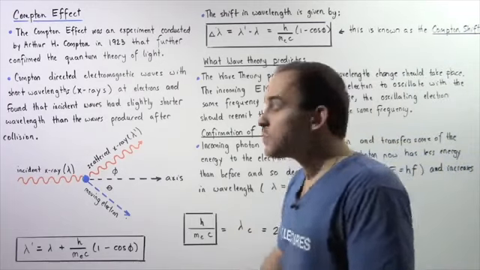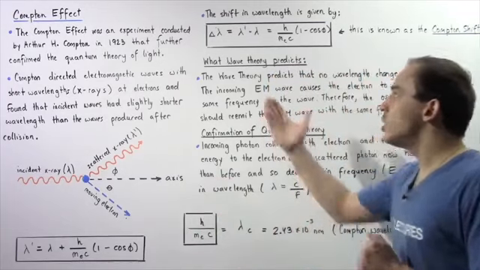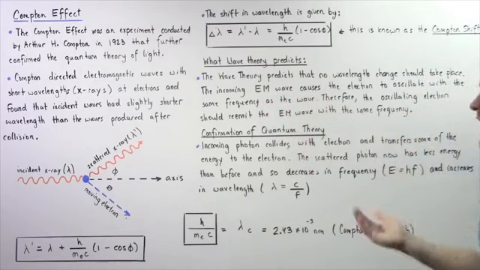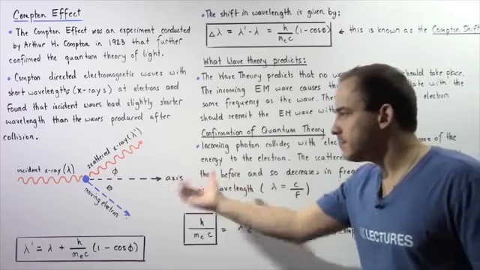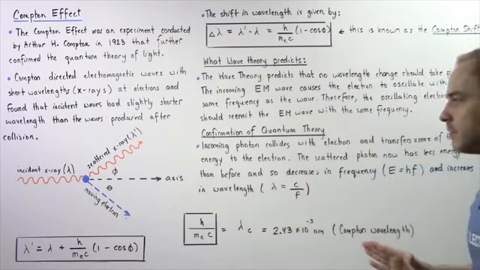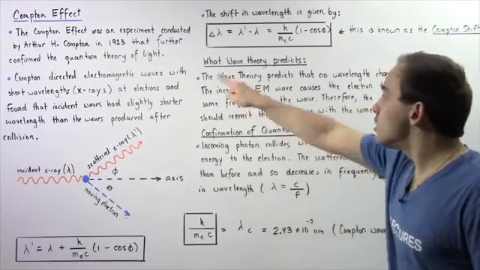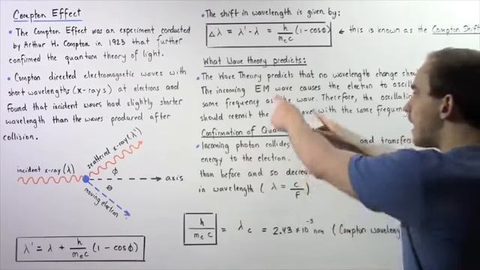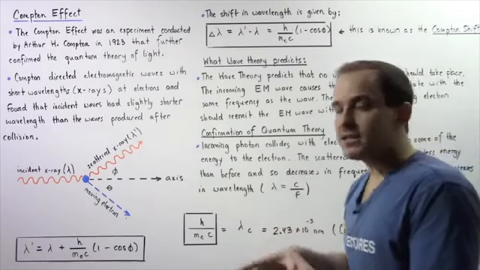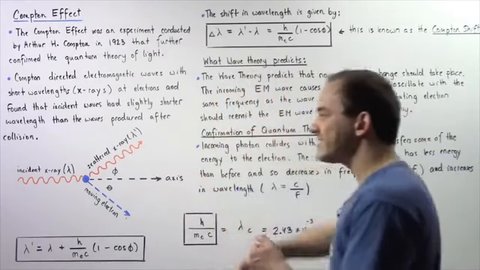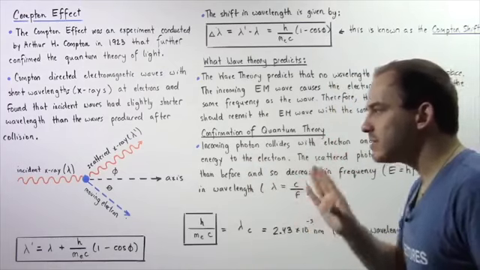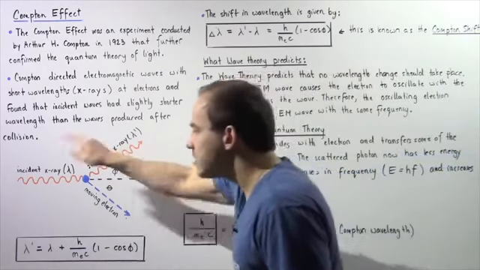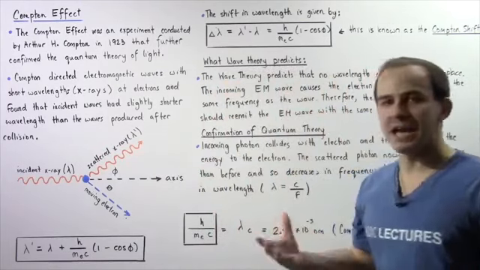So now, the question is, how exactly did the Compton effect confirm the quantum theory of light? First, let's examine what the wave theory of light predicts the results to be for this particular experiment. The wave theory predicts that no wavelength shift should take place. That's because the incoming electromagnetic wave causes our electron to oscillate at the same exact frequency as that particular electromagnetic wave.